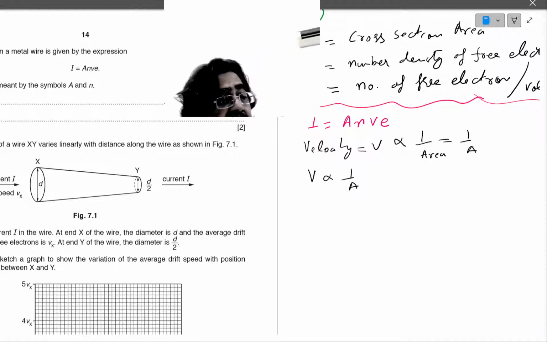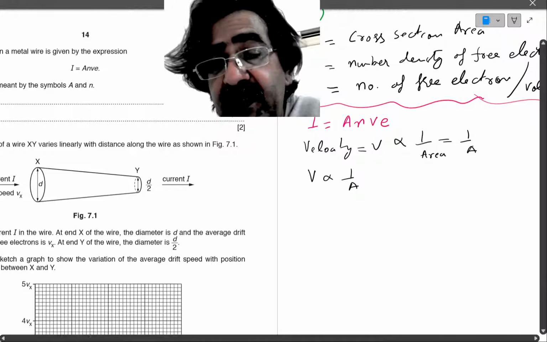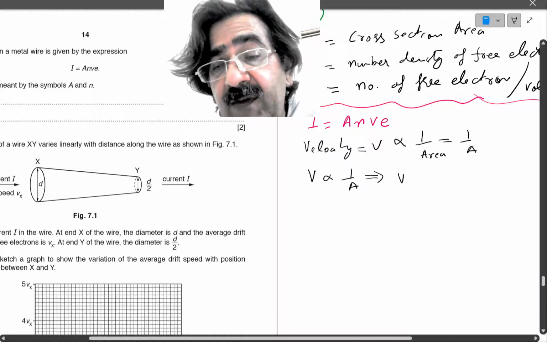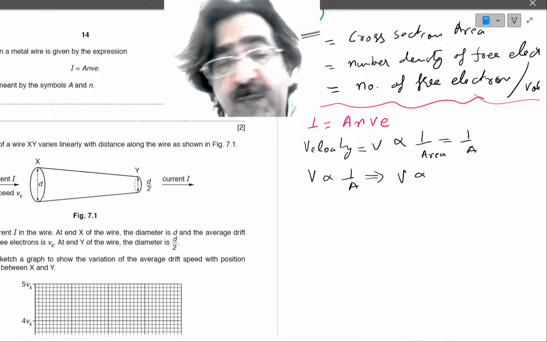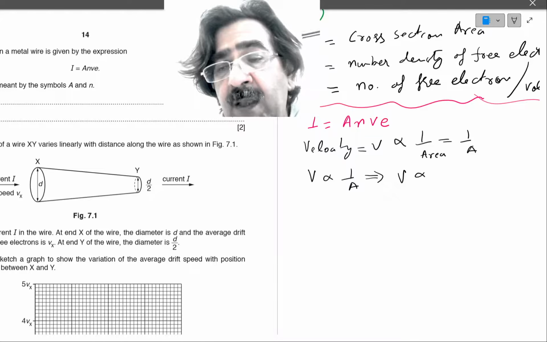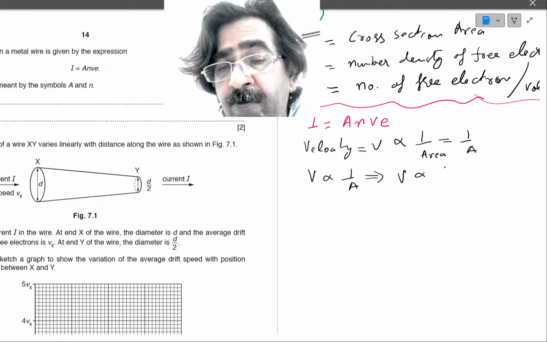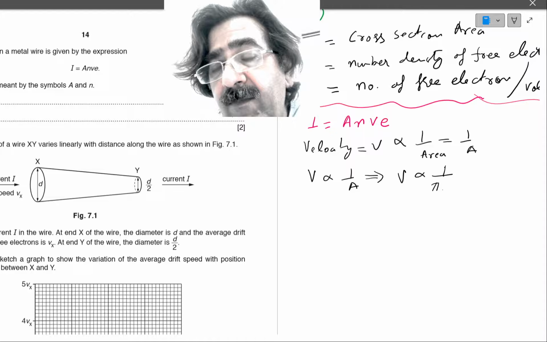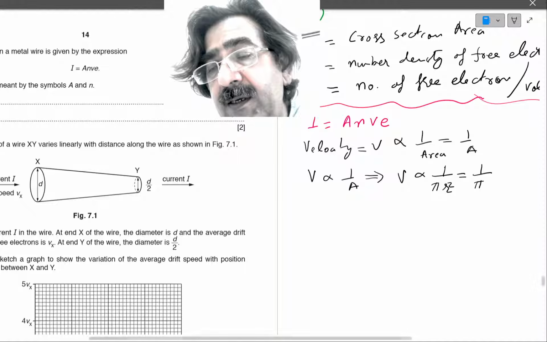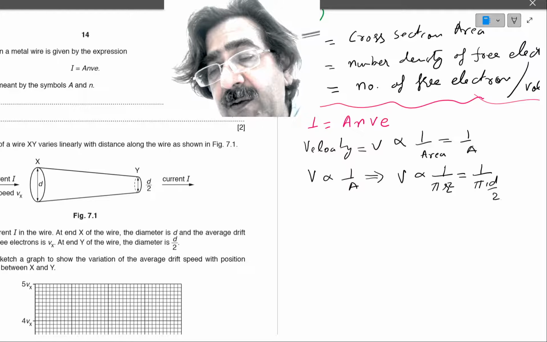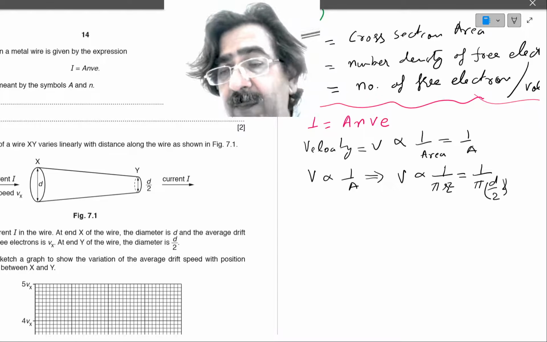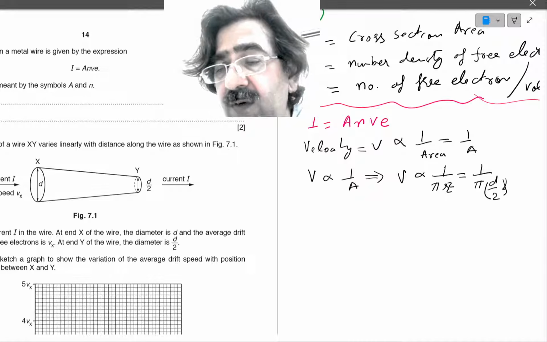The area is that of a circle, pi r square, or pi times D by 2 squared, since it is in the form of diameter.